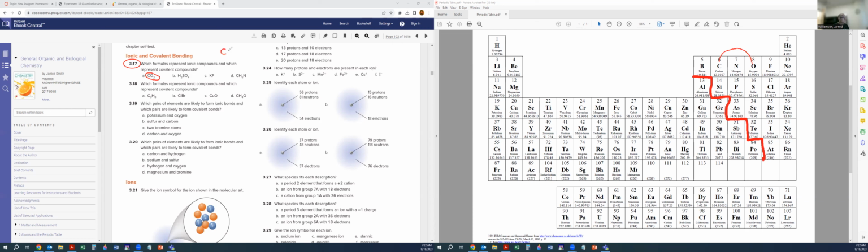Non-metal connected to non-metal, those are covalent compounds.